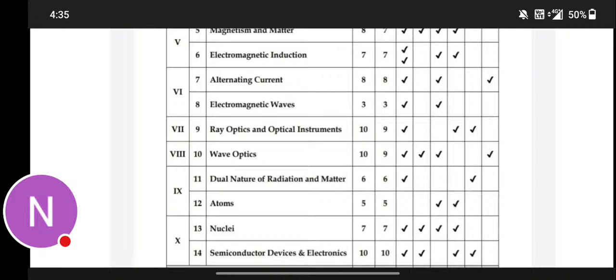Now from Unit 8, that is 10th chapter, Wave Optics. From this chapter you are getting 9 marks: 1 question for MCQ, 1 mark, 1 question for answer the following, that is also 1 mark, 1 question for 2 marks, and 1 question for 5 marks.